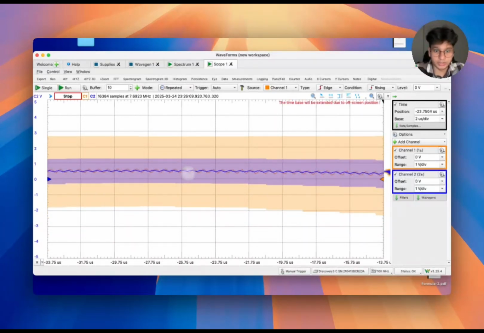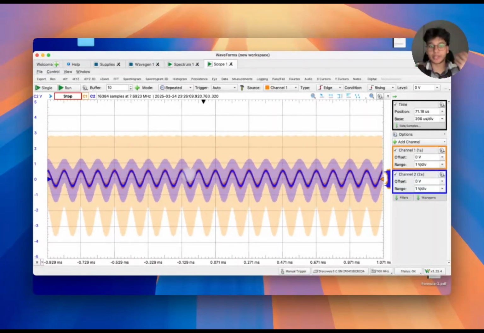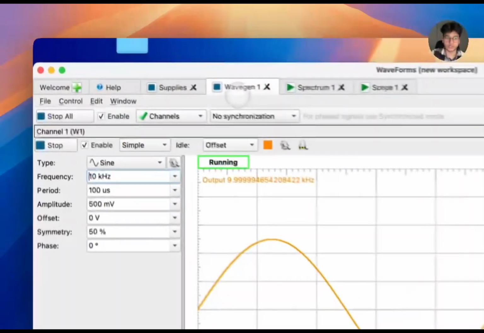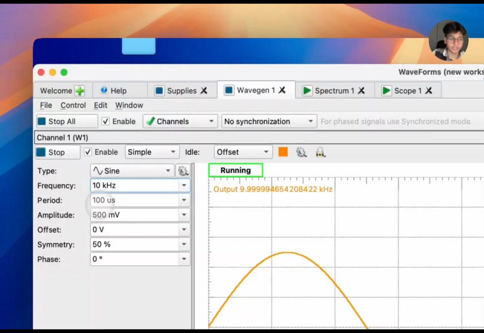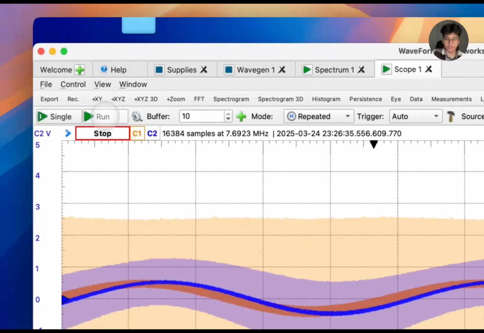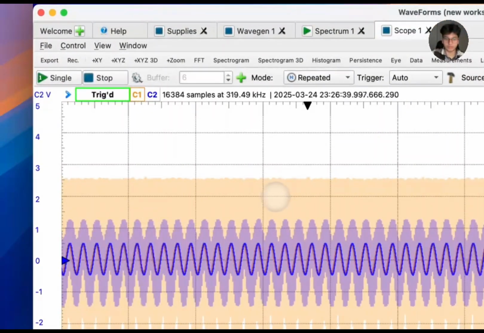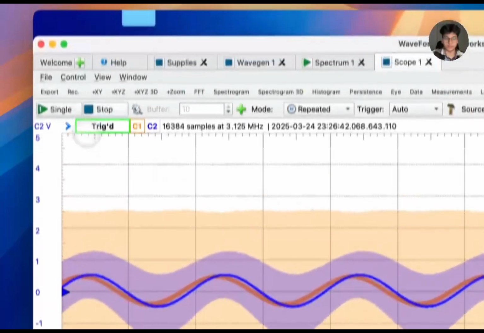It matches up quite exactly. And the higher the frequency, the closer you'll see to a perfect gain of 1. Now let's take the wave gen back down to 1 kilohertz. As you can see, there is a slight offset.